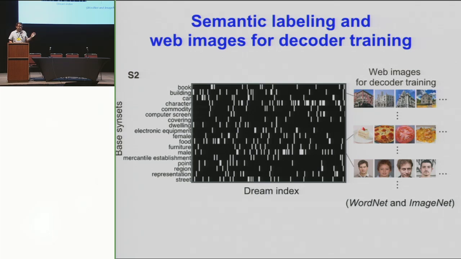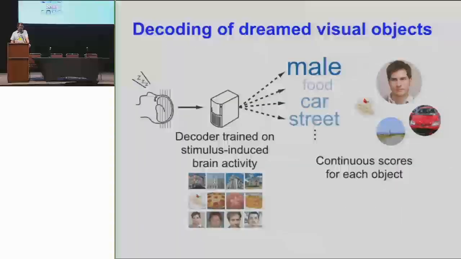Using these natural images, from another experiment, we trained the decoder. And this decoder gives output having continuous values for each of 20 object categories, indicating the presence of each object.